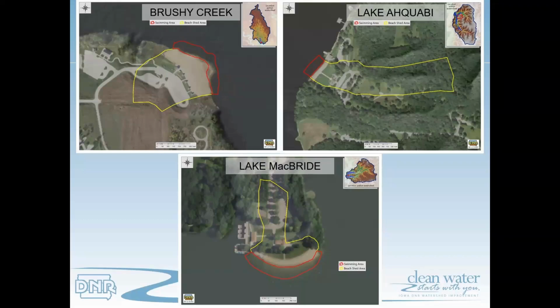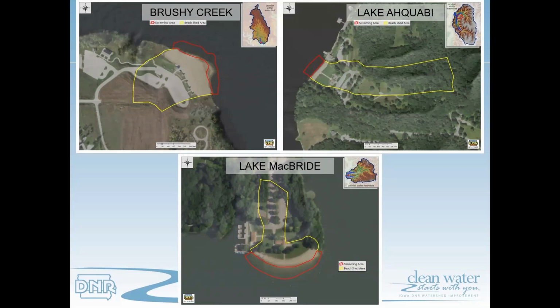The swimming area was defined from edge of sand to edge of sand along the shoreline, extending out from the shoreline to a depth of 4 feet, which is roughly our chest depth, and then extending out an additional 3 feet from there.